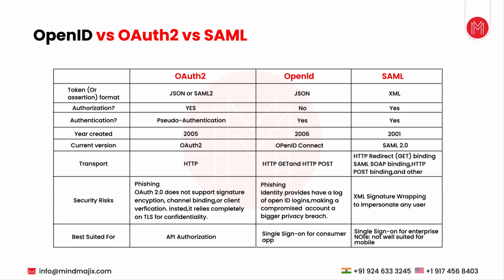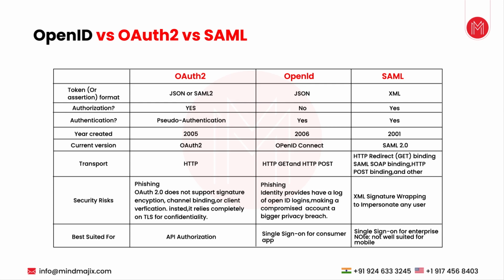You cannot achieve authorization with SAML to a great extent. For authentication, I did mention that OAuth 2.0 does pseudo authentication. OpenID, yes, definitely it's an authentication protocol. SAML, yes, it's an authentication protocol.